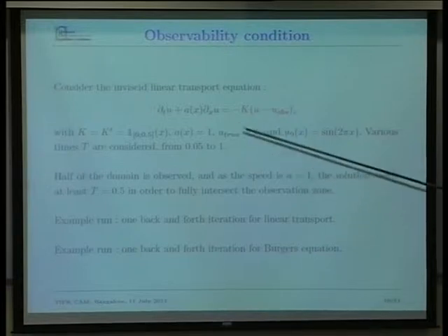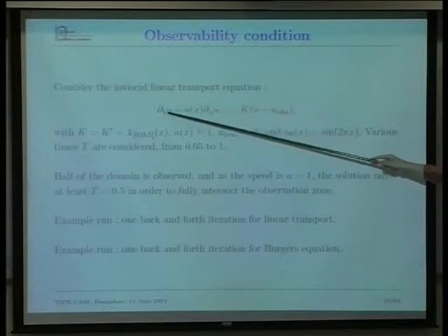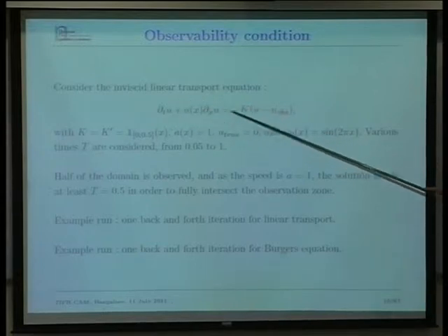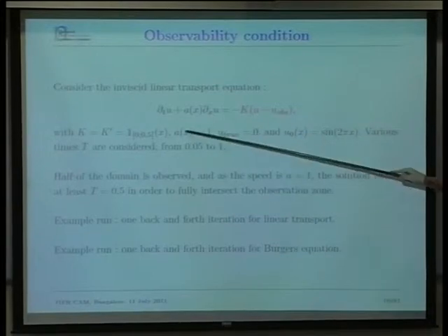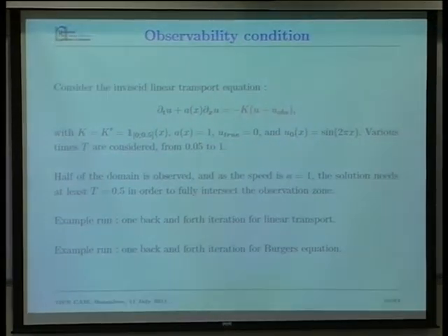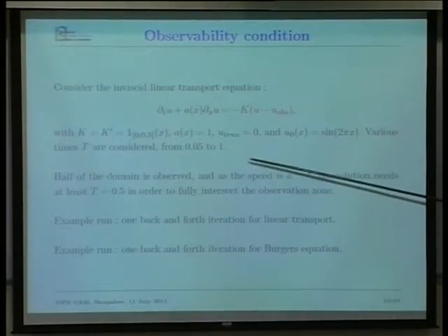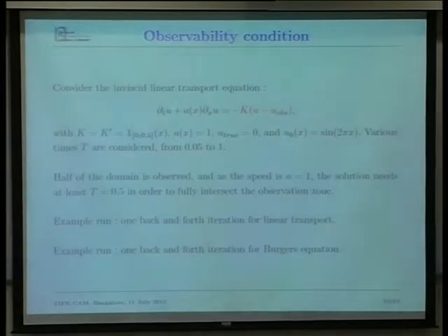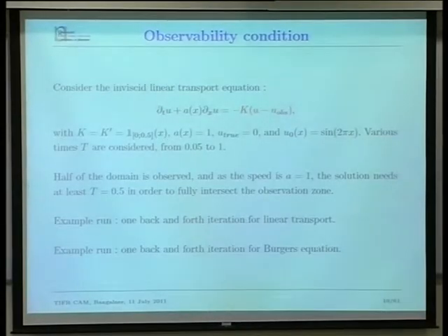So here I remove the diffusion, and I consider this simple linear transport equation with the nudging term. The idea is, for instance, if the space domain is 0 to 1 and periodic, we assume that we observe only half the domain, between 0 and 0.5.